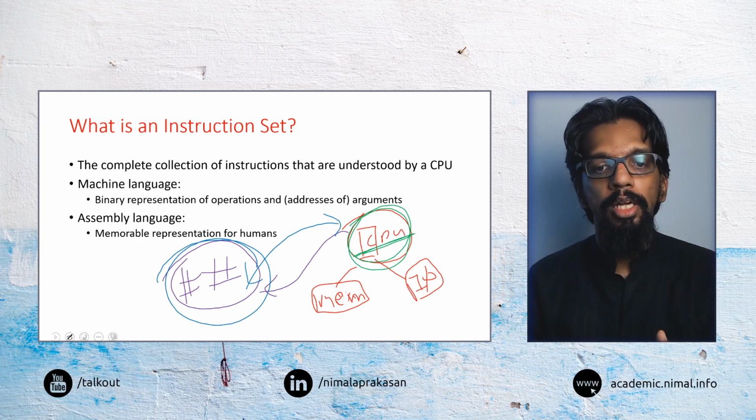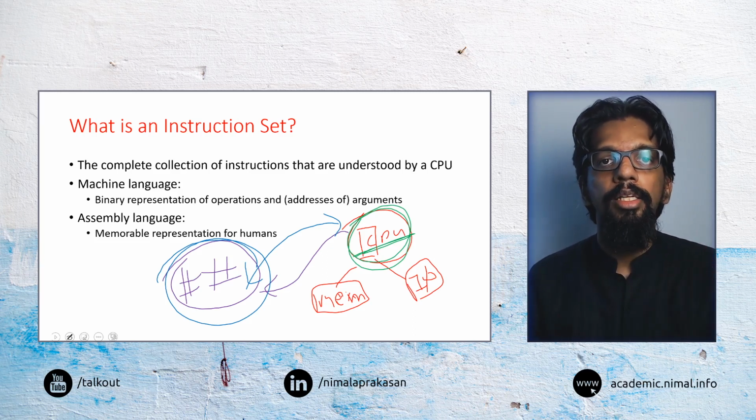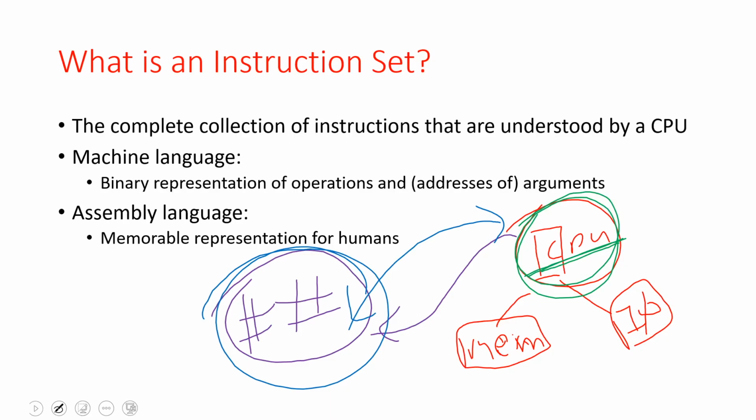With that, we can also look at two other things. One is machine language and the other one is assembly language. What we identify as machine language is basically the binary representation of the operations that the CPU can do. That is the binary instructions that we can give to the CPU.